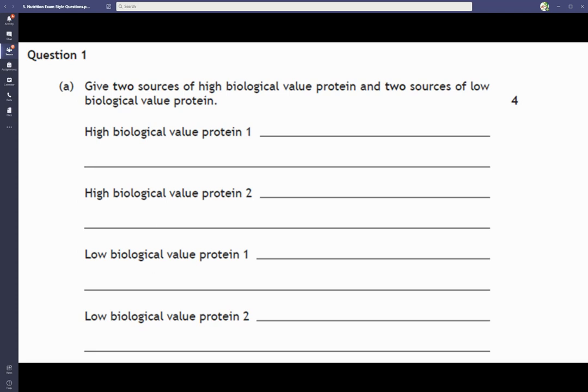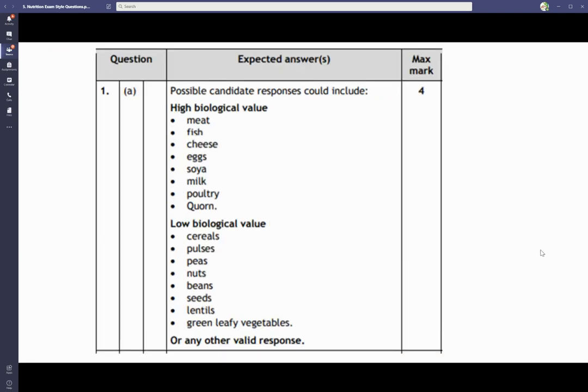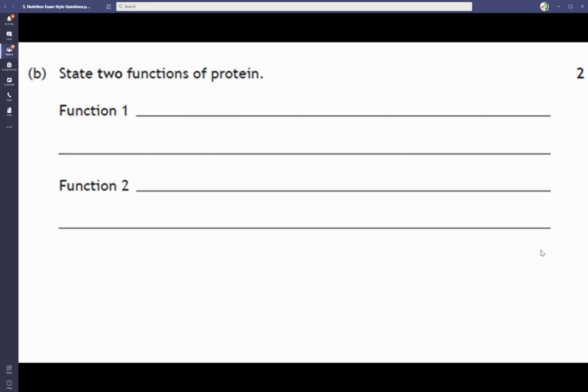So for high biological value proteins, you could have any type of meat, chicken, fish, pork. You could also have eggs. And for low biological value proteins, you could have things like peas, beans, lentils, rice, oats, any of the above. Again, here are your answers.